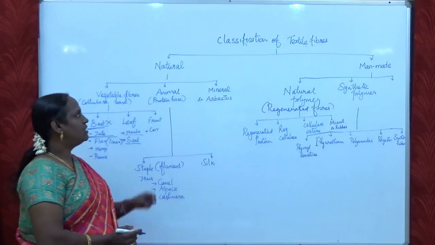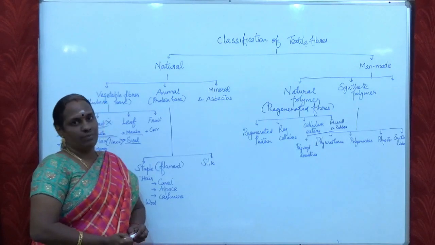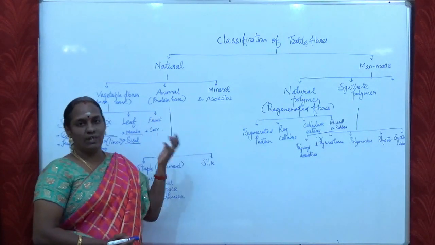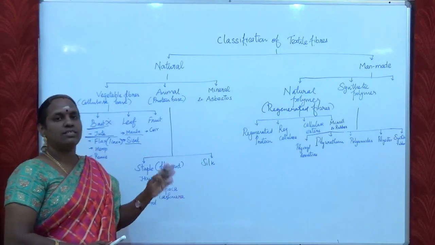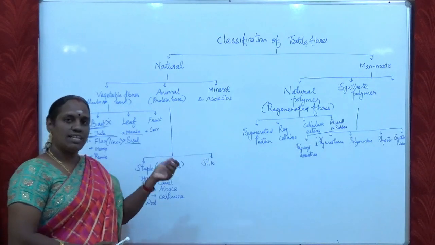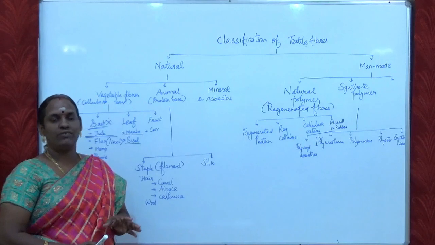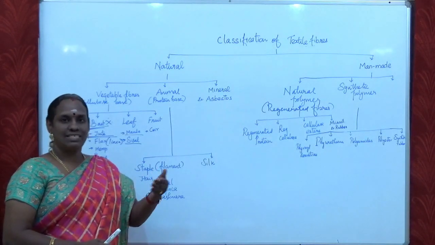Next, the second category of natural fiber is animal fiber. The main chemical content of animal fiber is protein, so animal fibers are also called protein fibers. In the last class I told you that animal fibers are obtained mainly from insect secretion or animal skin hair.